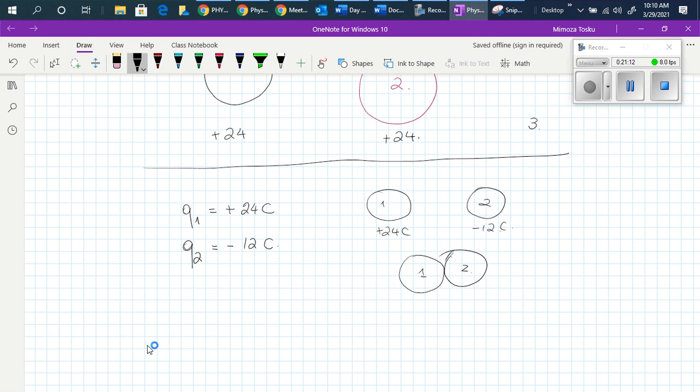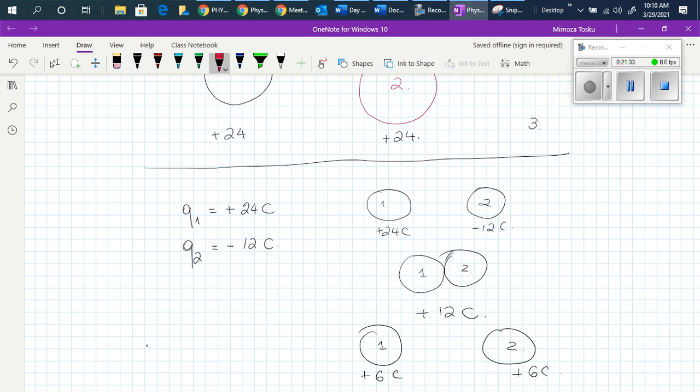What you will have is positive 12 coulombs. Then you separate them again, object 1 here and object 2 here, and each of them will have the same: positive 6 coulombs.